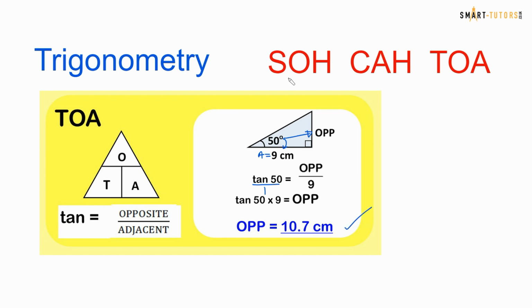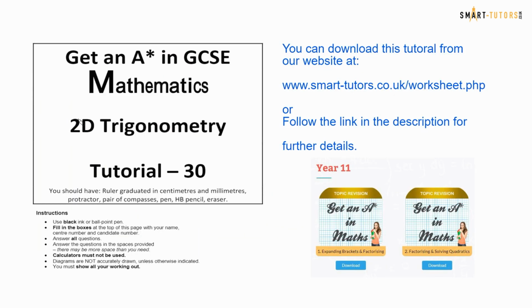That is the answer for this question. So SOH CAH TOA is the equation you can remember in a shortened format for sine, cosine and tan. Again, one more time: sine is opposite divided by hypotenuse, cosine is adjacent divided by hypotenuse, tangent is opposite divided by adjacent.